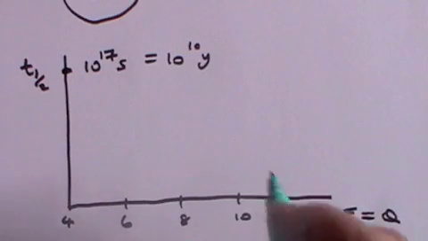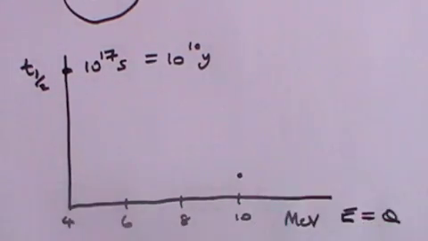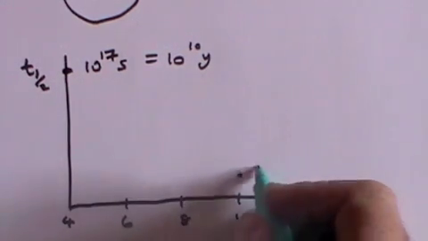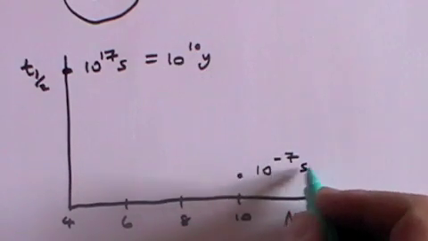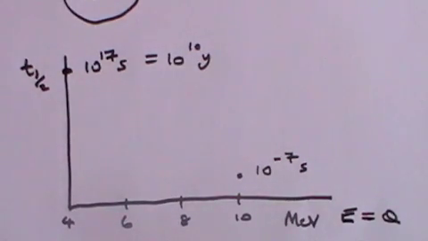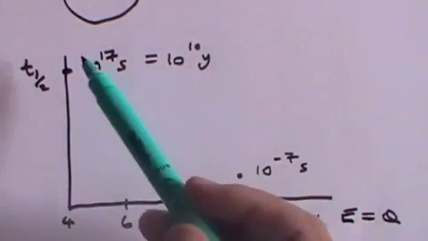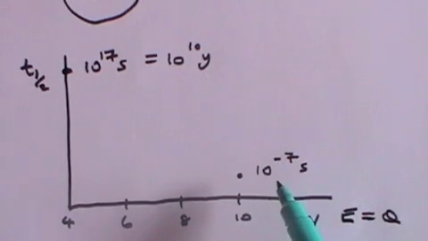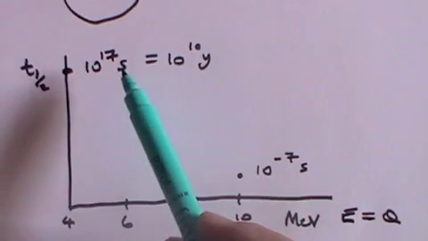On the other hand, if the alpha particle has 10 MeV on emergence, then the half-life is likely to be of the order of 10 to the minus 7 seconds, a 10 millionth of a second. So you can see that this scale is logarithmic because we've got 24 orders of magnitude here, 10 to the minus 7 seconds, right up to 10 to the 17 seconds.